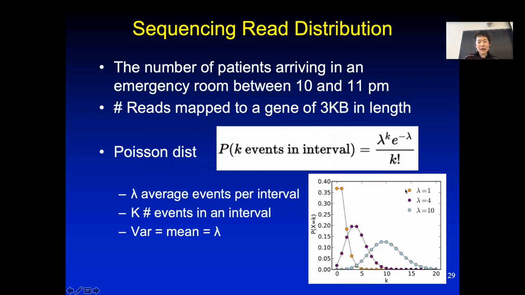And so you can see, depending on what your parameter is, they have a different spread. For the Poisson distribution, the variance and the mean are the same. For example, if the parameter is 1, the average would be 1, which means in this 1 hour, there will be on average 1 patient coming in. But if it's 2 patients, 3, 4 and 5, the probability decreases quite a bit, right?